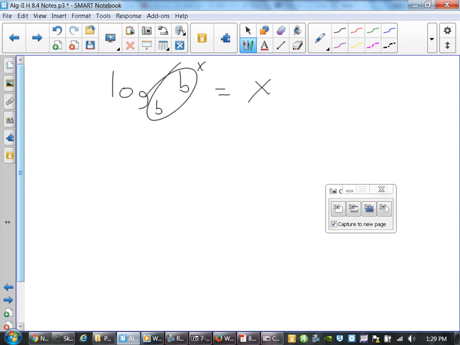So the example in 33, where it was log base 4 of 4 to the negative 0.38, the log has a base, and this exponent also has a base. These bases are the same, which means your answer is the exponent. That's one of the nice properties about logarithms that allow things to simplify themselves.